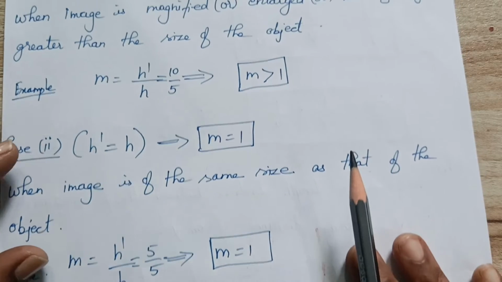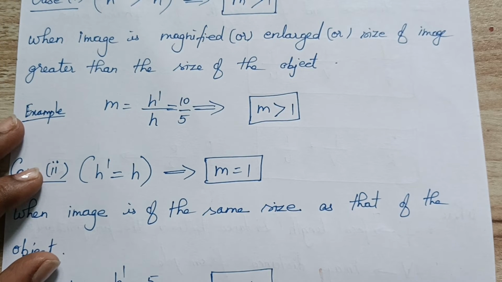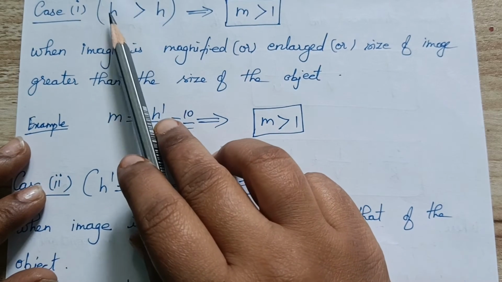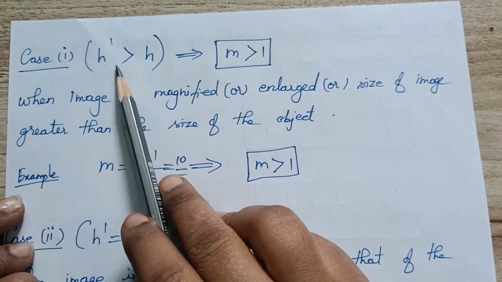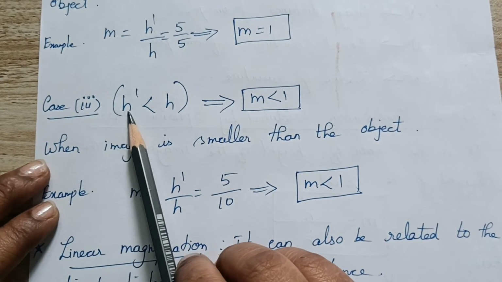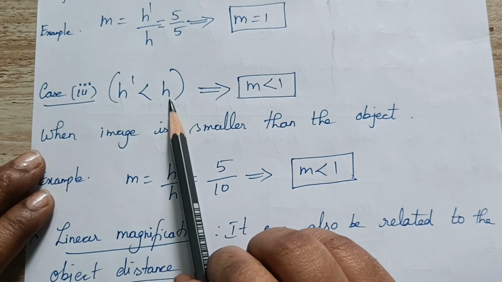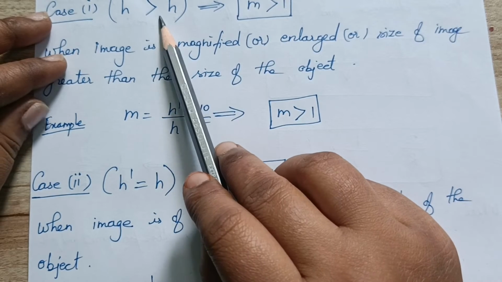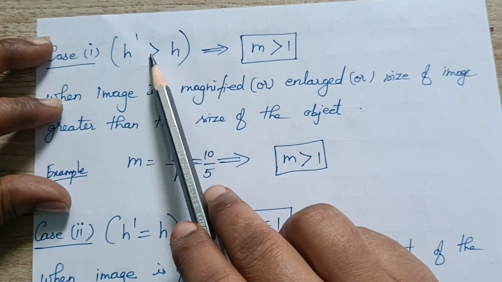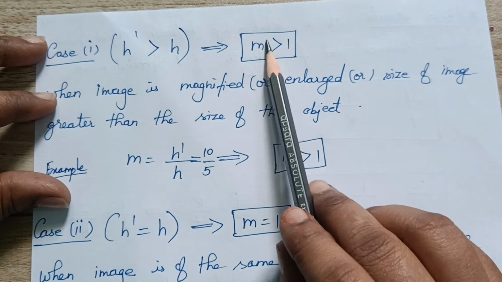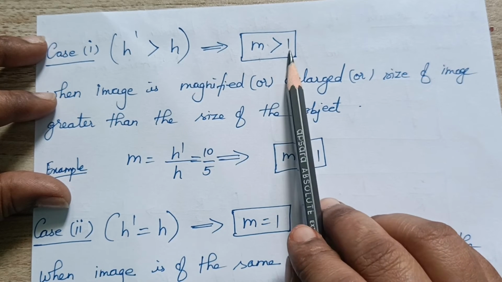What are the other possibilities? Two possibilities are there. The height of the image is greater than the height of the object, or the height of the image is less than the height of the object. When the height of the image is greater than the height of the object, the magnification will be greater than 1.